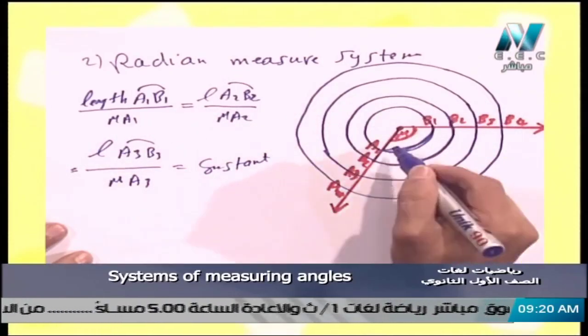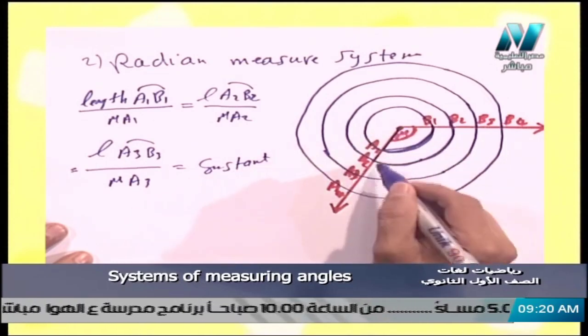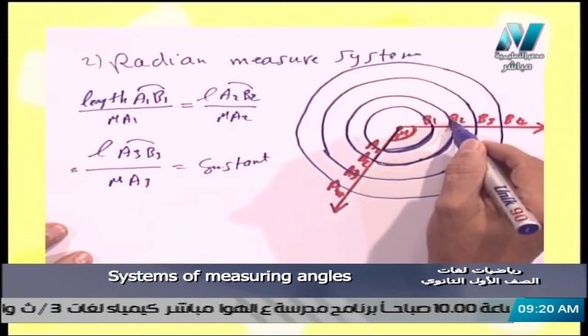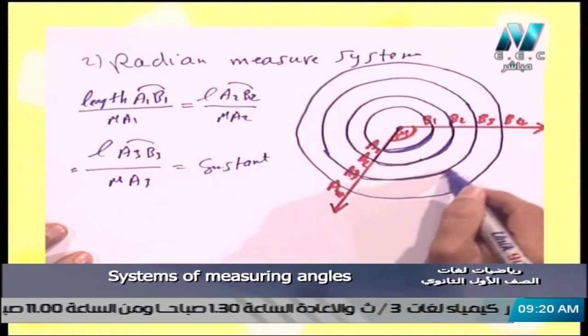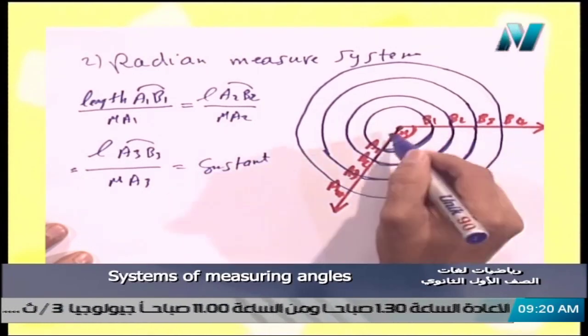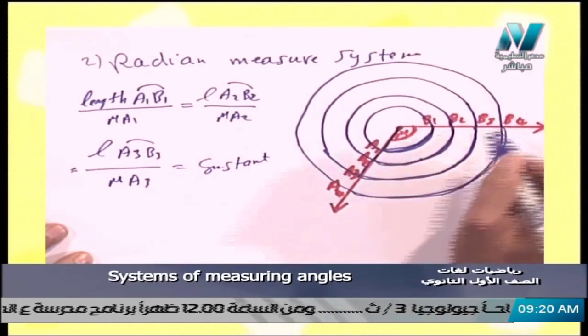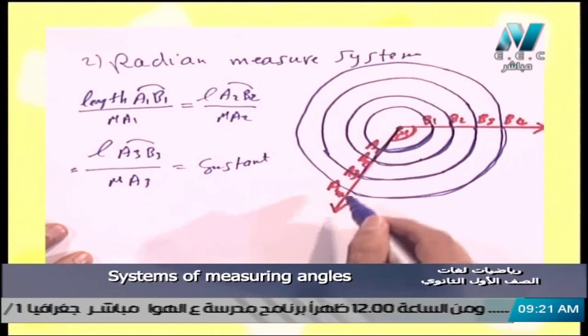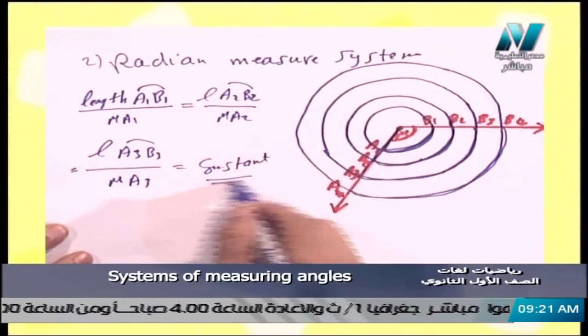Okay, this arc divided by this radius, and this arc divided by this radius, and this arc in the third circle divided by its radius, and this arc divided by this radius, we will find the result for all these circles is a constant number.